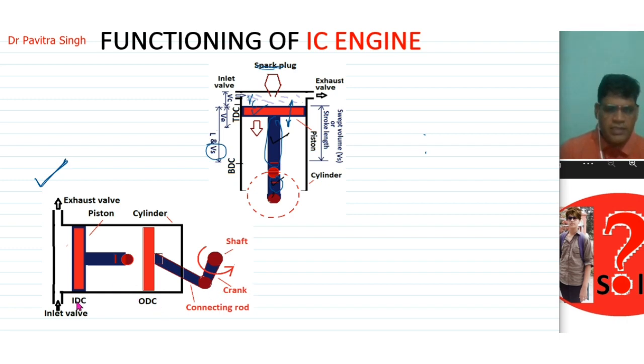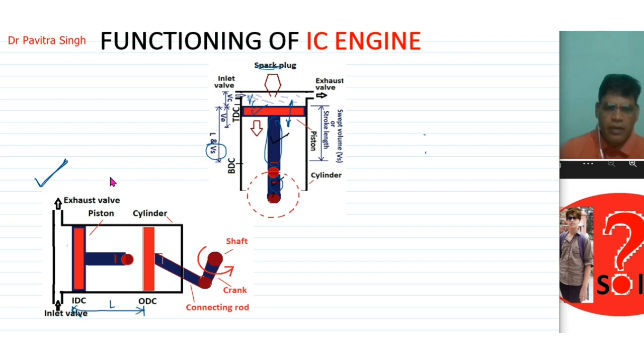The distance from IDC to ODC is the stroke length L. The functioning is the same, only the alignment differs. We use TDC and BDC for vertical alignment, and IDC and ODC for horizontal alignment of the internal combustion engine.